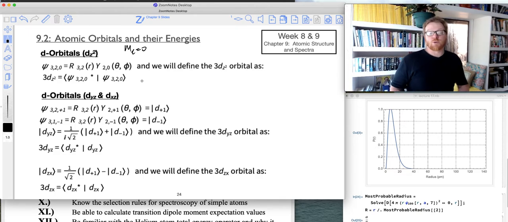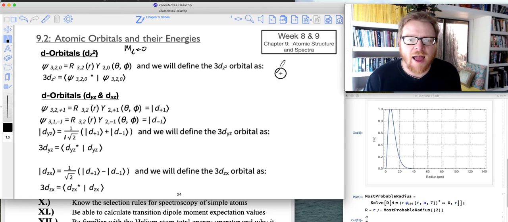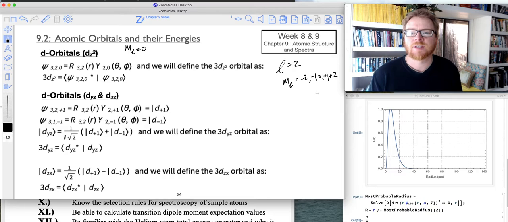So remember, because L is equal to 2, there's 5 ml states: -2, -1, 0, +1, and +2. So we've taken care of the ml equal to 0, right? That's our z squared axis.